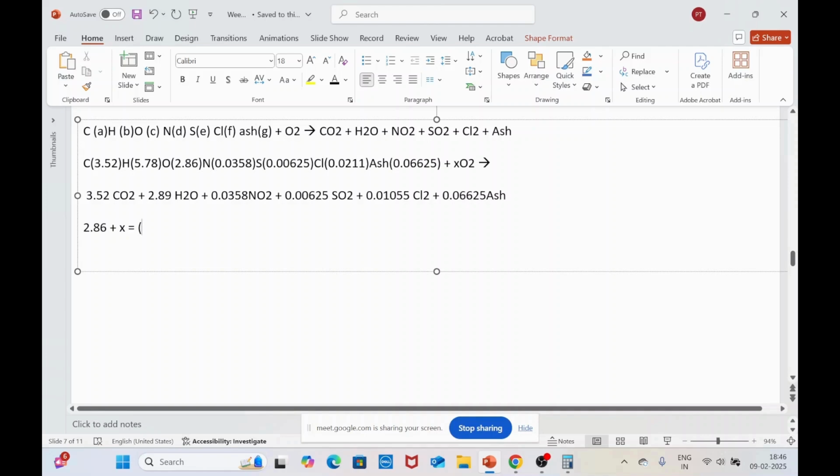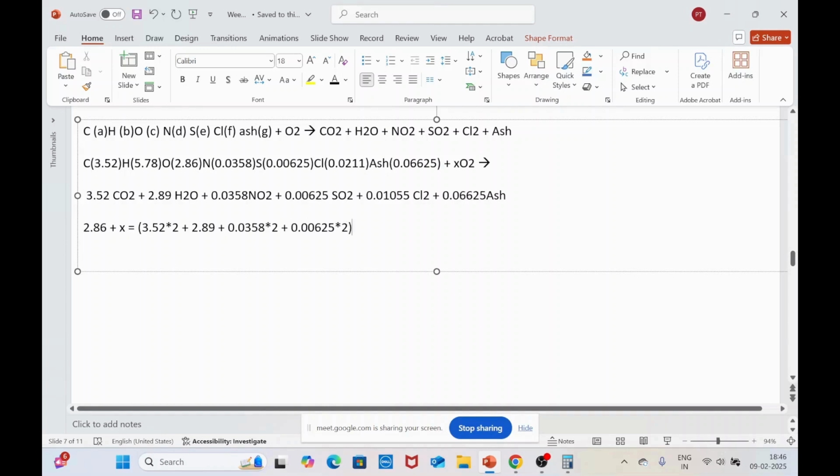That will be 3.52 times 2, plus 2.89 from your water, plus 0.0358 times 2 from NO2, plus sulfur dioxide will give 0.00625 times 2.